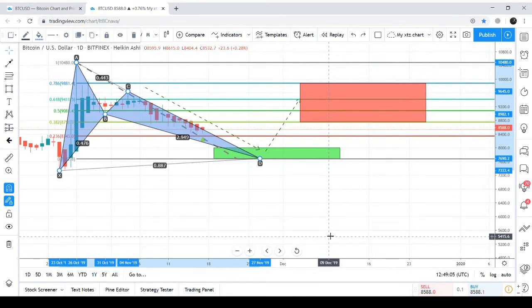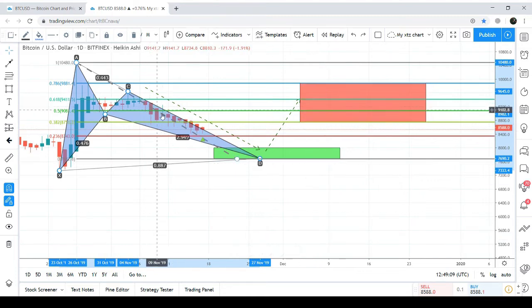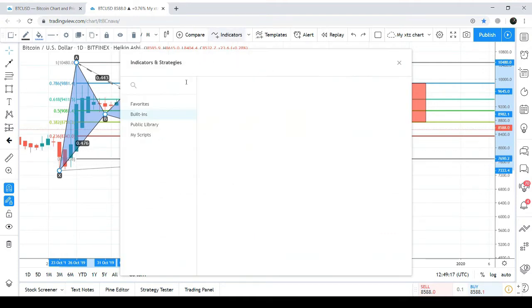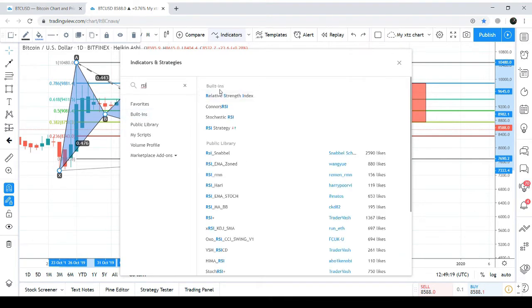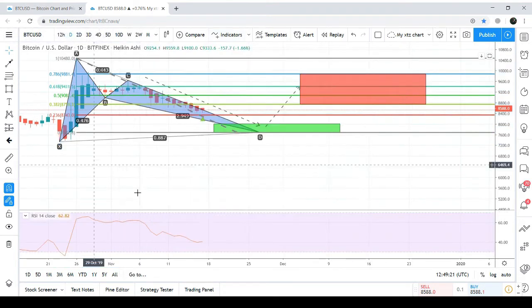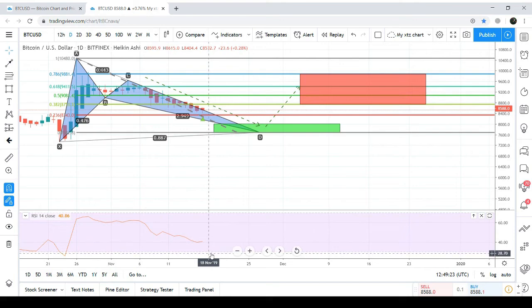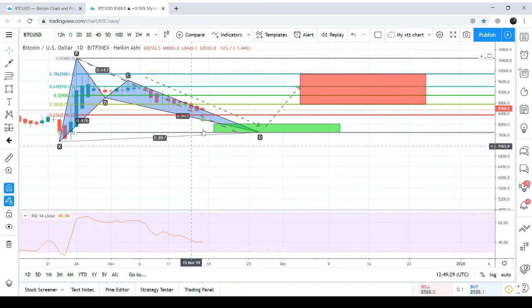First of all, we should wait for the price action to enter this potential reversal zone, and when the price action is here, we should see that the RSI enters the oversold zone, below 30 levels. At this time, it is at 40.86.